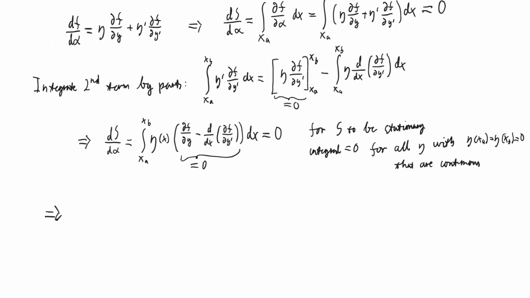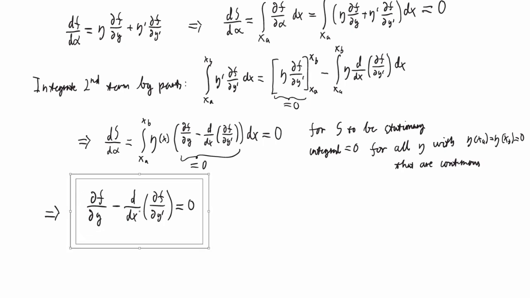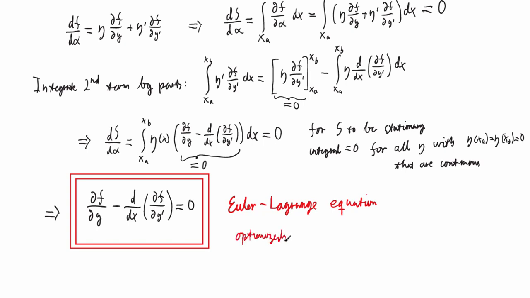So we arrive then at this result, which is known as the Euler-Lagrange equation. And it optimizes, or at least it hopefully optimizes it.